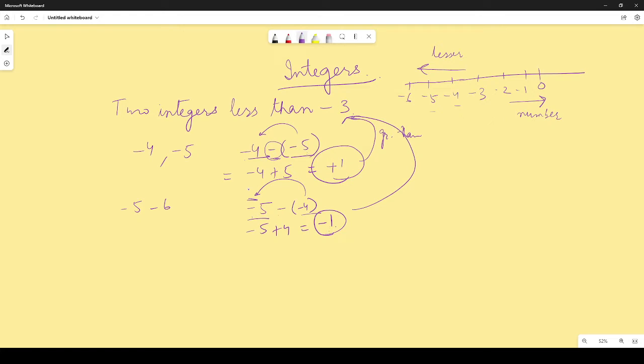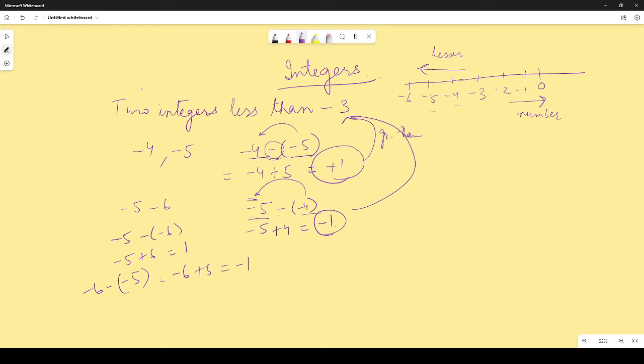As I was saying, minus 5 minus 6, you can take as an example. So minus 5 minus 6 will also give you minus 5 plus 6, it will also give you plus 1, and minus 6 minus 5 will give you equal to minus 1.